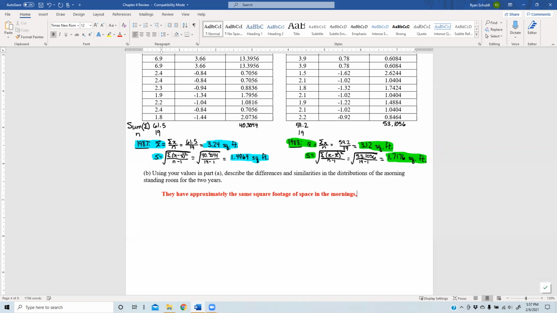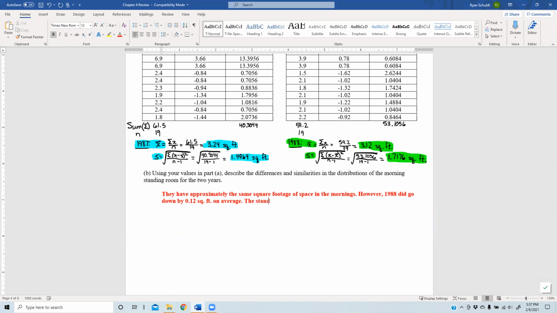However, 1988 did go down by 0.12 square feet on average.